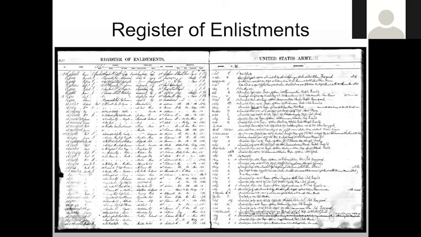How tall is the person? And what unit were they assigned to? And in the remarks column, it will tell you whether they were discharged, whether they actually died in service, and where they might be buried. I found out that one of my New York relatives is actually buried in the Marietta, Georgia National Cemetery from one of these registers of enlistment.